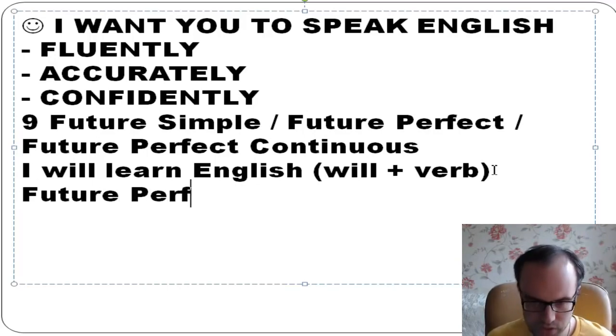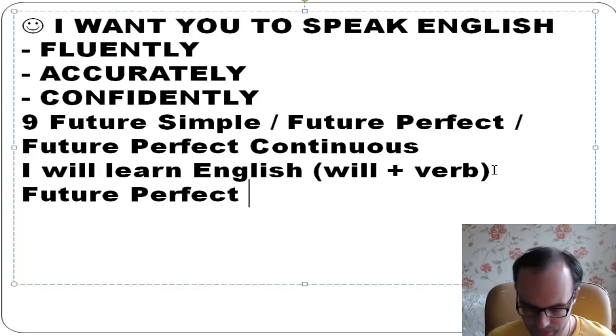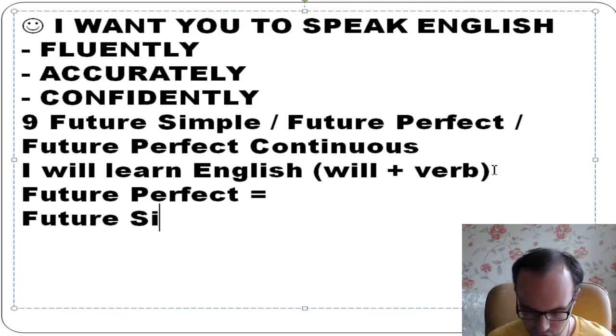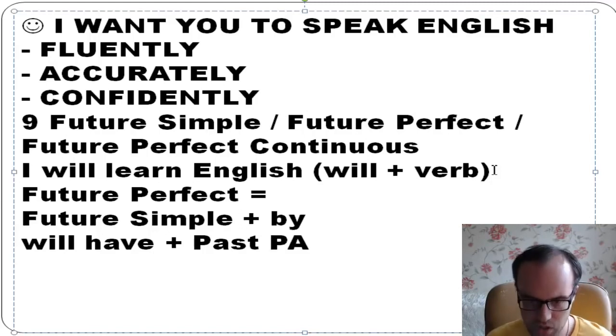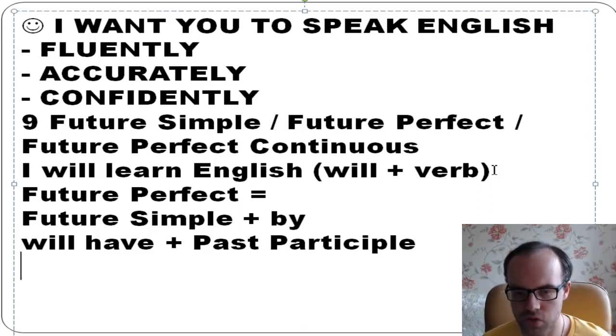It's future simple plus by. So you talk about the future, but you use by, and you form it this way: will have plus past participle. And you know that past participle is the third form, so it's another name.